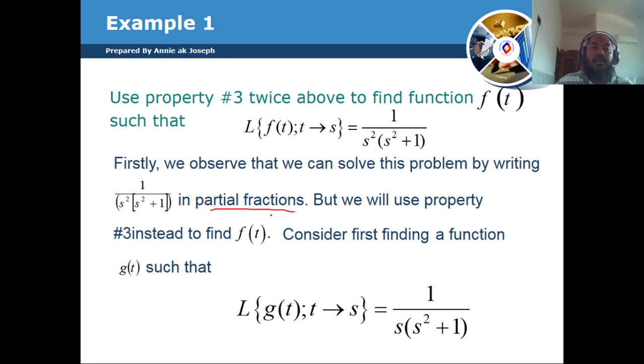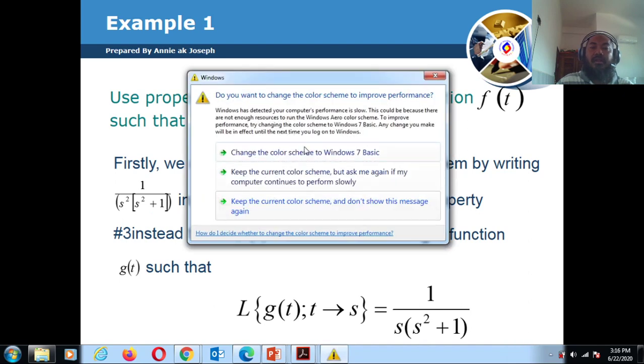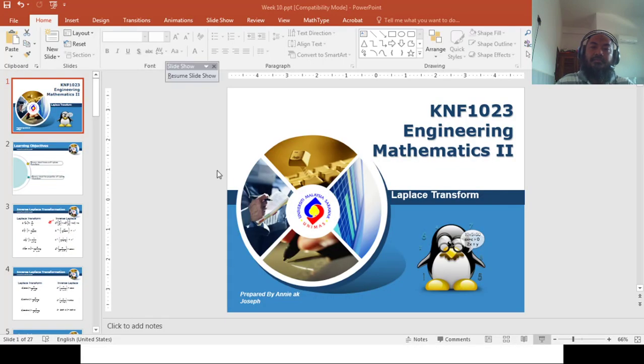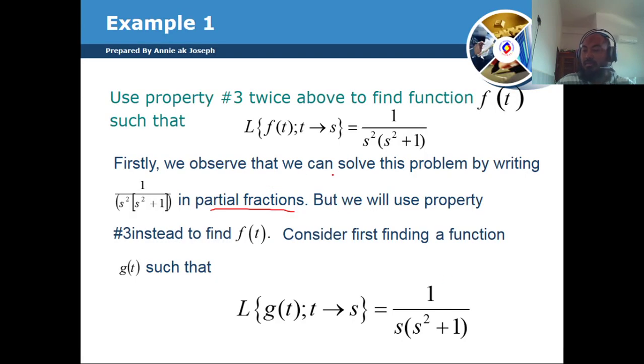But this time we won't use that method; we try the new method, which is property 3 instead.